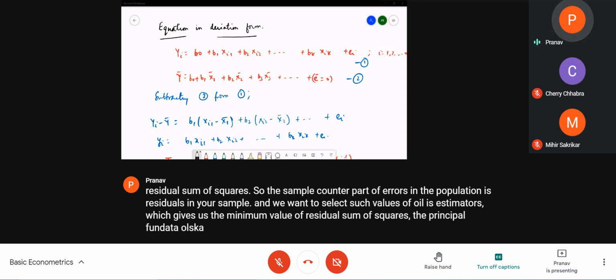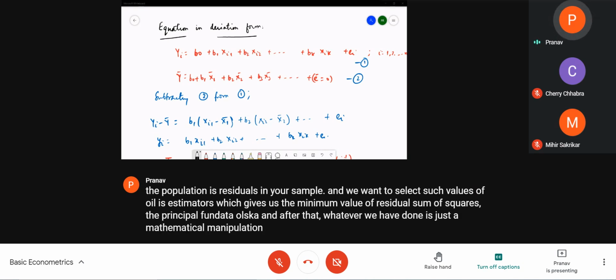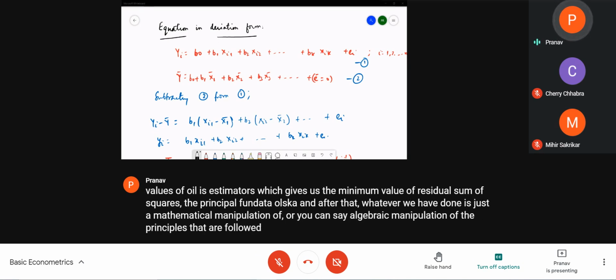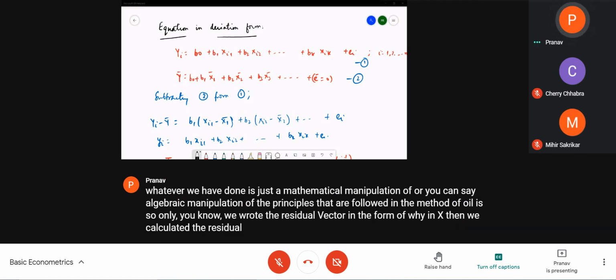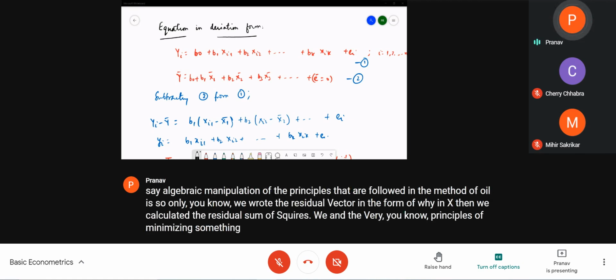And after that, whatever we have done is just a mathematical, or you can say algebraic, manipulation of the principles that are followed in the method of OLS. So we wrote the residual vector in the form of y and x. Then we calculated the residual sum of squares. And the very principle of minimizing something, we followed that process.